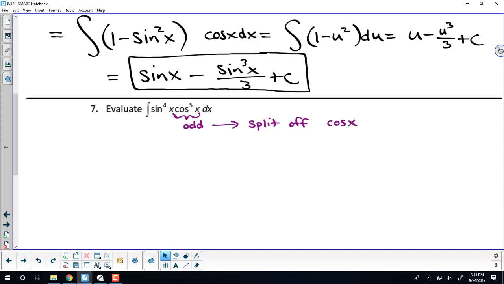Change it to 4. This would simplify if they're both minus, it would be like minus 2u squared.